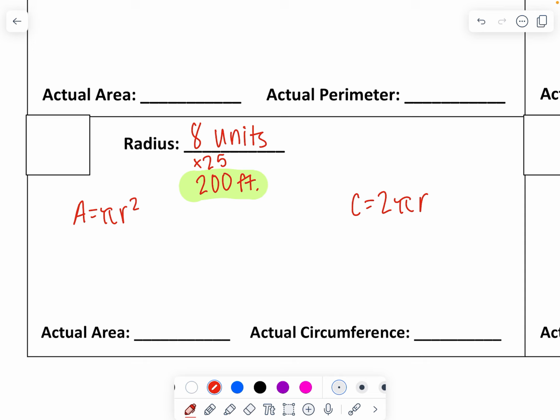And then the area, so we plug that in. So we get A equals 3.14 times our radius, 200, squared. And then we put that in our calculator. So 3.14 times 200 squared. And we would get 125,600 feet squared.